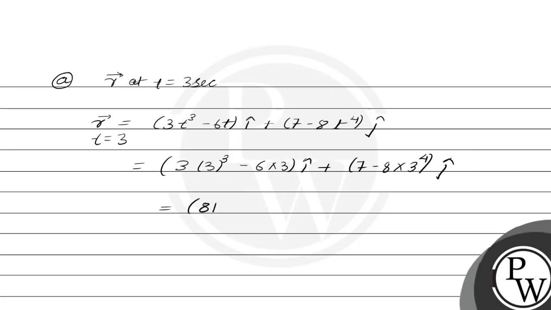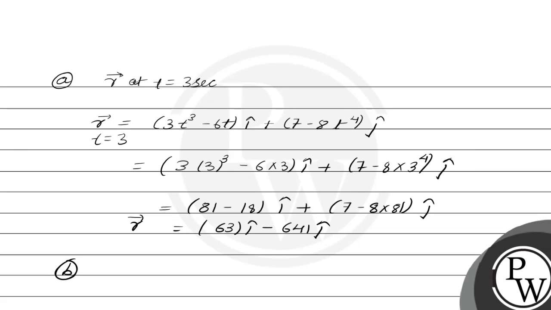Students, this will be 81 minus 18 i cap plus 7 minus 8 into 81 j cap. Upon evaluating, you will get this is 63 i cap minus 641 j cap, and this is the value of position vector at time t equals 3 seconds.